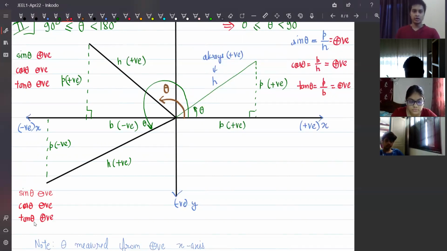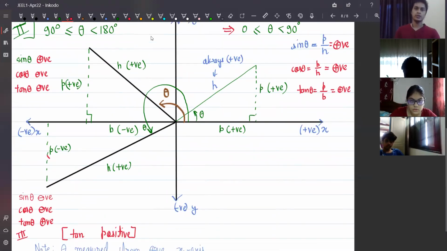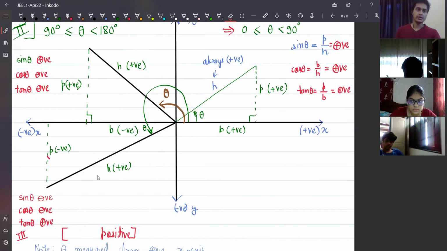So sine and cos are negative, but tan is positive. So for the third quadrant, I can write a rule that tan is positive. For the first quadrant, all positive. Second quadrant, sine is positive. And third quadrant, tan is positive. We know the reason, and I'll also tell you a short trick to remember the result.